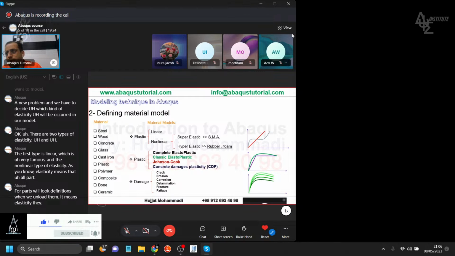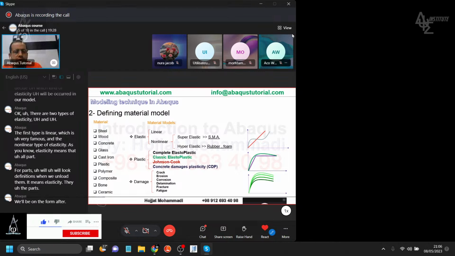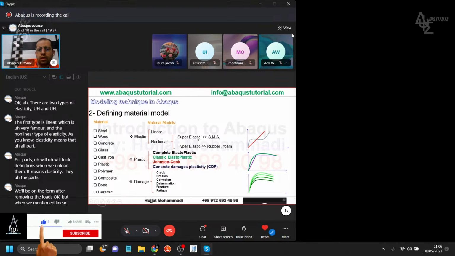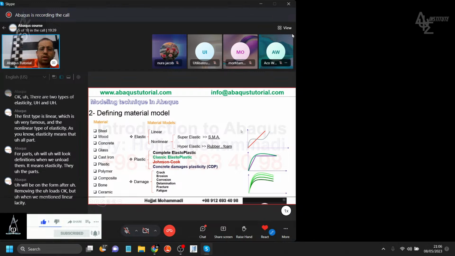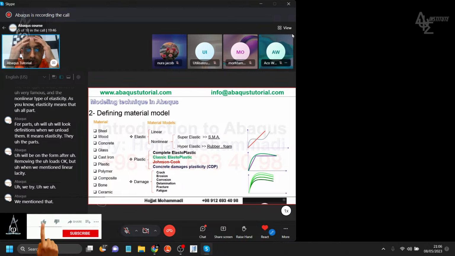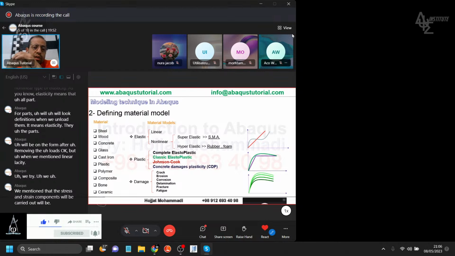The parts will be undeformed after removing the loads. When we mention linear elasticity, we mean that the stress and strain components change at a fixed rate.